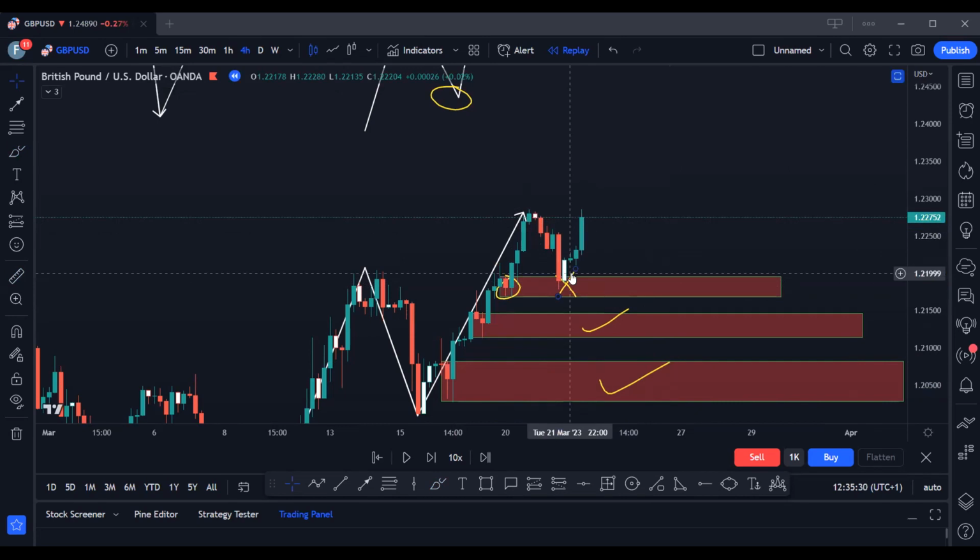Can you wait for 1 day, 2 days for price to get to your point of interest, to your zone of interest? Okay, so we'll also talk about discipline very, very shortly, but just know that trading takes a lot of patience. It is 80% waiting. You are waiting most of the time, and then it is 10% or 20% action.